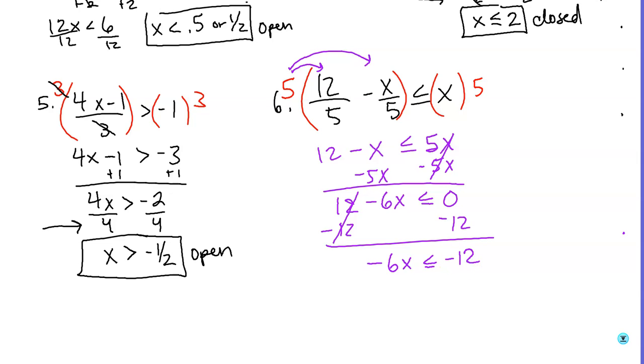And my last step, divide both sides by negative 6. This time, you are dividing by a negative, which means you flip your inequality. Should be a positive 2. So I'm looking for when x is greater than or equal to 2. And because it's allowed to be equal to, this should be a closed circle on 2. Let's go up and look at 2.